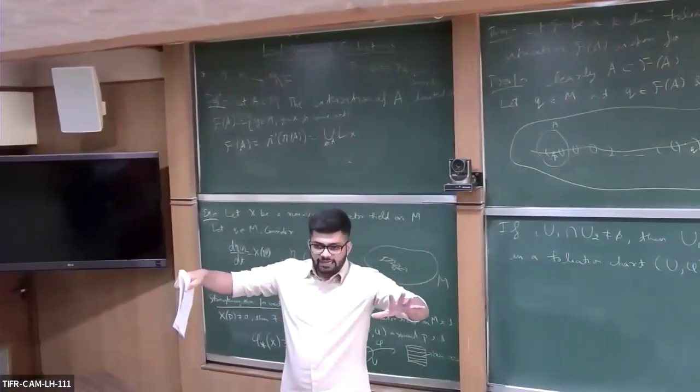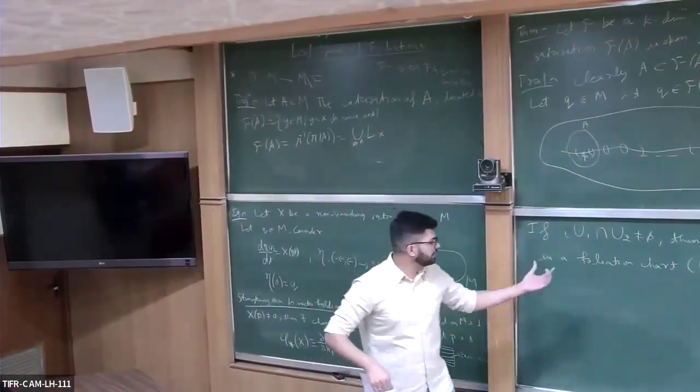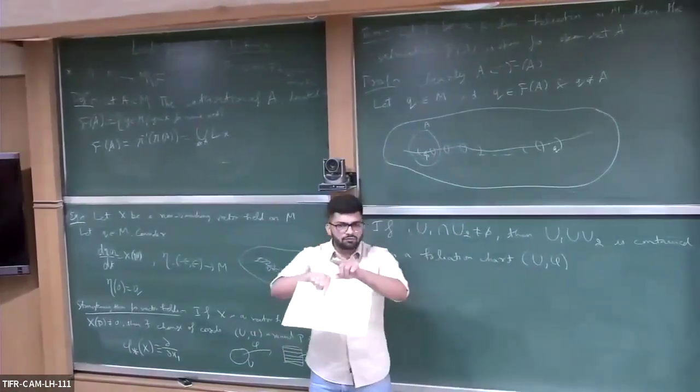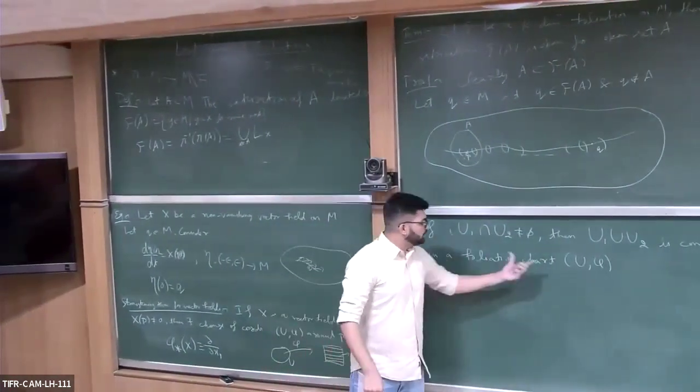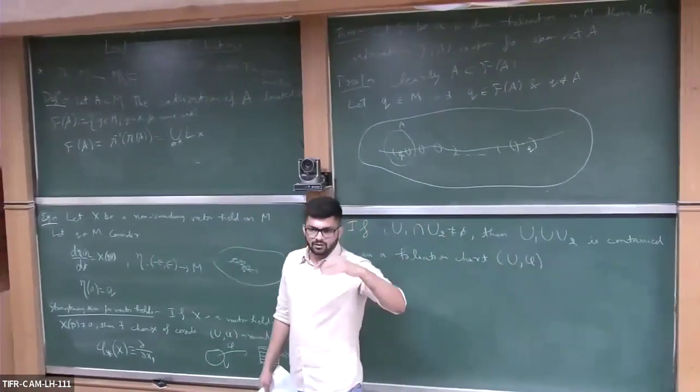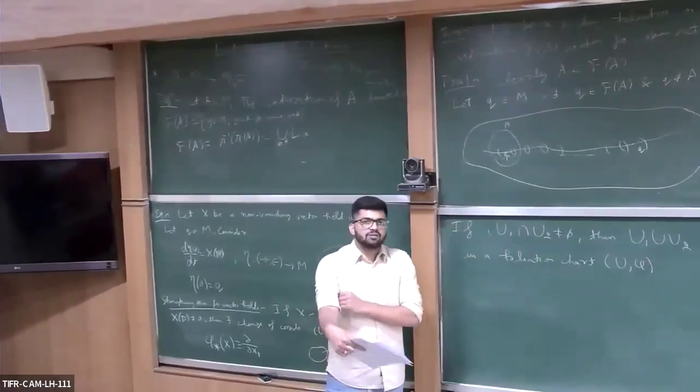If I start with an atlas, I can refine it and get smaller coordinate charts satisfying this condition: if two of these charts intersect, then the union of these sets is contained in one big foliation chart.